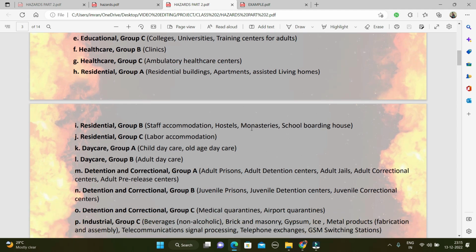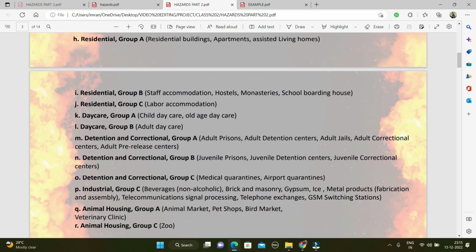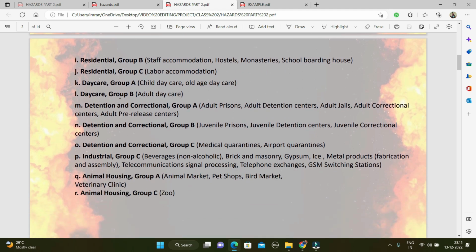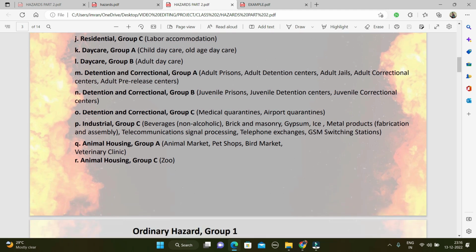It means residential is divided into groups like labor accommodation, school boarding, hostel, also daycare like daycare hospitals, adult daycare, and detention and correctional centers like jail and very different types of detention. You can see here adult or children or adult correction. Overall it's a jail.